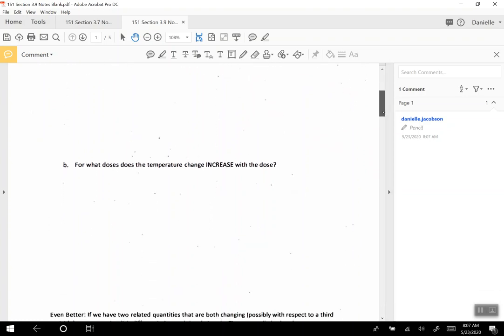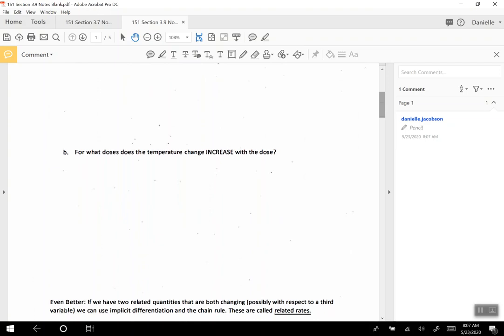Okay, so next follow-up question is for what doses does the temperature change increase with dose? Okay, so first keep in mind we're thinking about temperature change increasing, or in other words, change increasing. So recall that change in temperature from what we had before was dT/dd, that is the change in temperature, right? And now we're asking increase, okay, get larger.